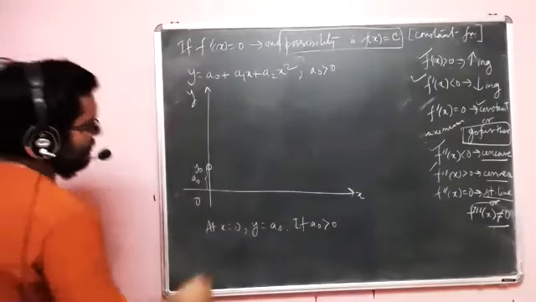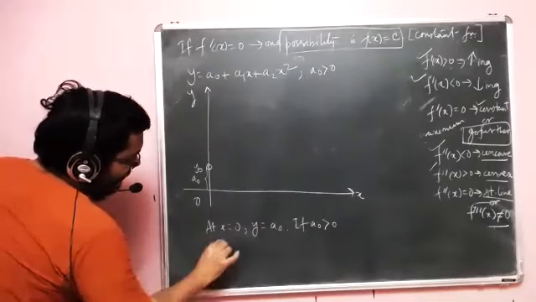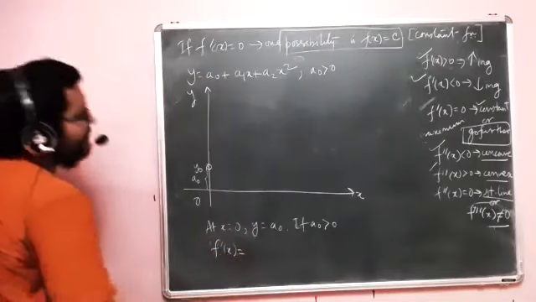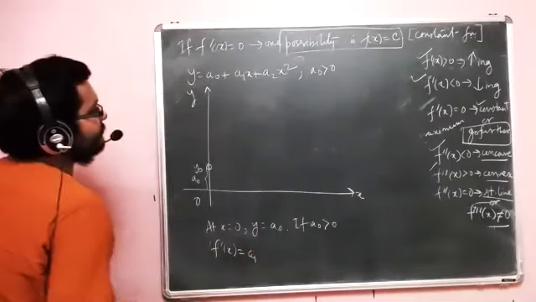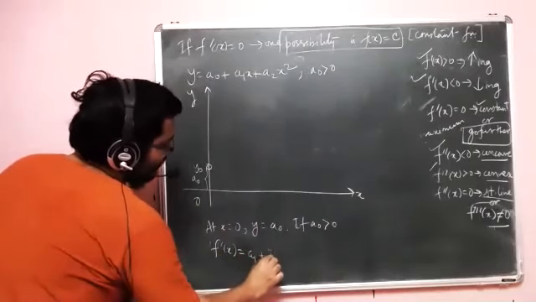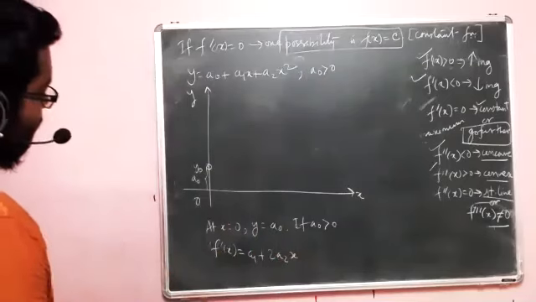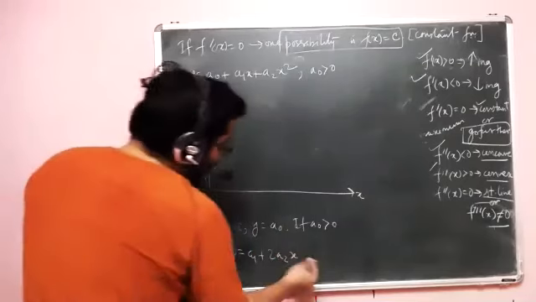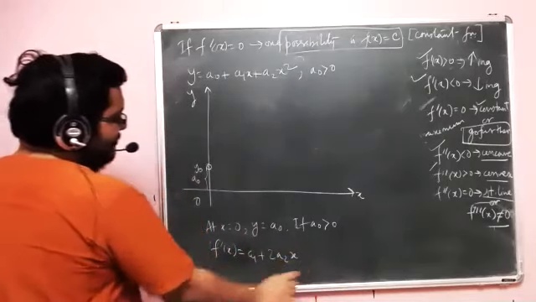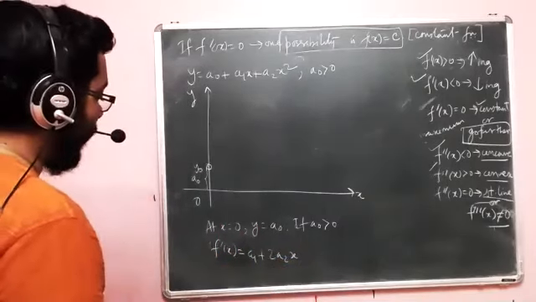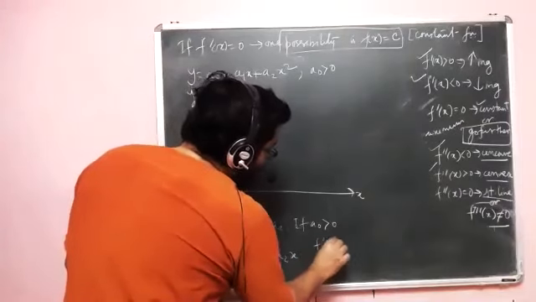Now let us go to the first differentiation. So f dash x is equal to a1 plus 2a2x. Here I have all the possibilities: positive, negative, or 0. So let's first explore f dash x equal to 0.